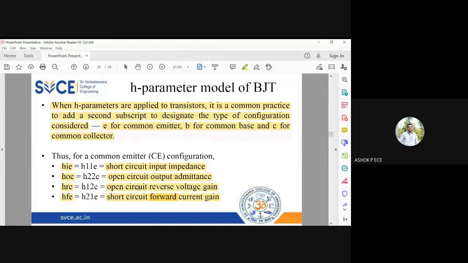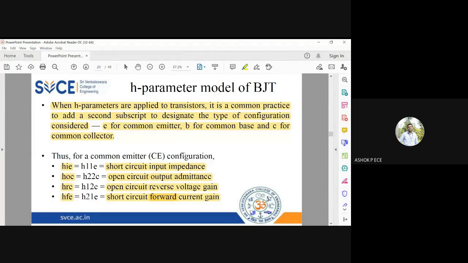Okay, so these are the notations we'll be using hereafter. Hereafter, we'll not be using H11, H22, we'll be using only HIE. From HIE you should understand two things. One, it is common emitter configuration. Second, I'm referring to the input impedance of the amplifier. When I write HOC, it means that it is common collector configuration and I'm going to measure the output admittance.